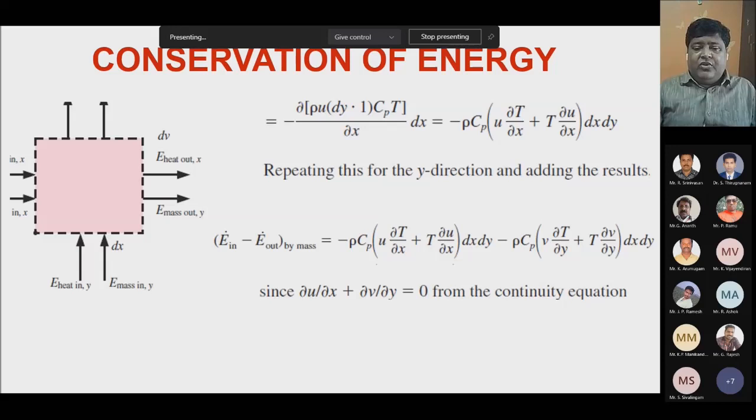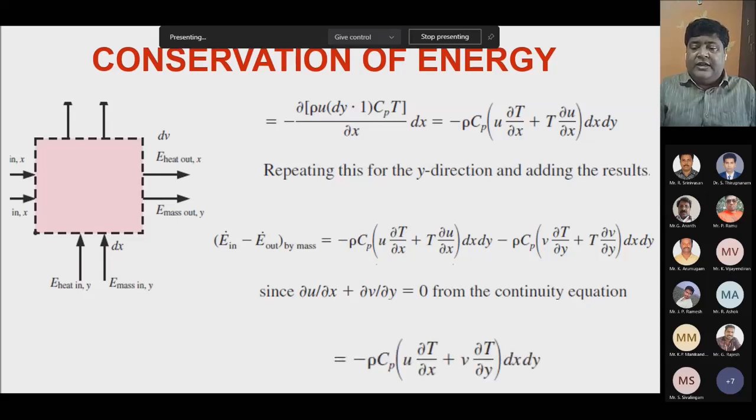And from this equation, since we know the continuity equation, dou u by dou x plus dou v by dou y equals 0, if you add both the terms, the energy in minus energy out on the right hand side, you will end up with T common, T into dou u by dou x plus dou v by dou y, which becomes 0.